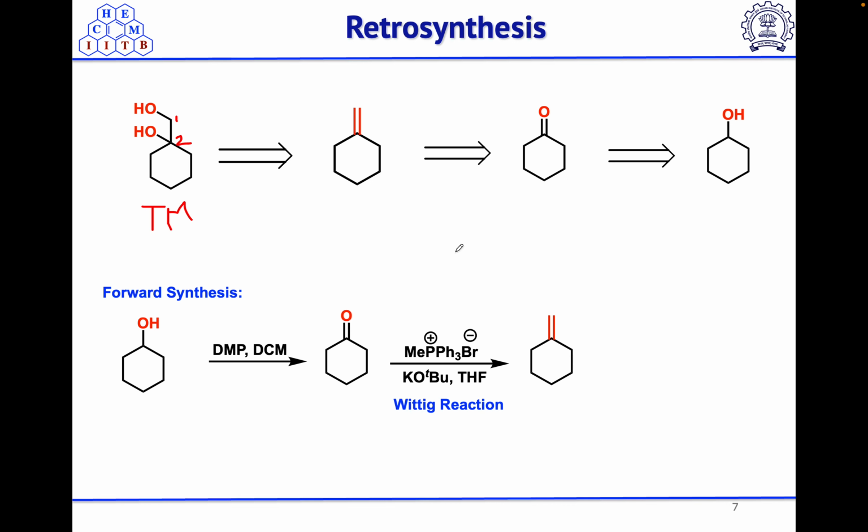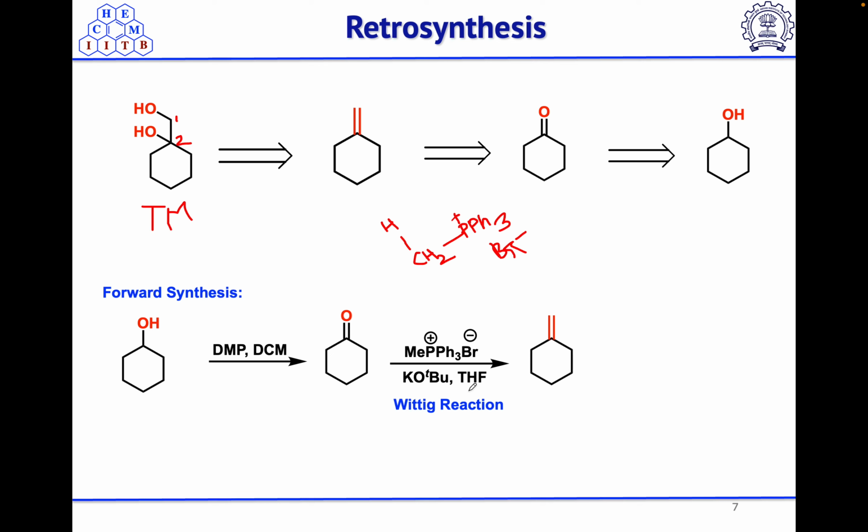If you see, this is the CH2. This is the Wittig salt I am drawing, PPh3 plus and Br minus, right? Now, first what will happen?